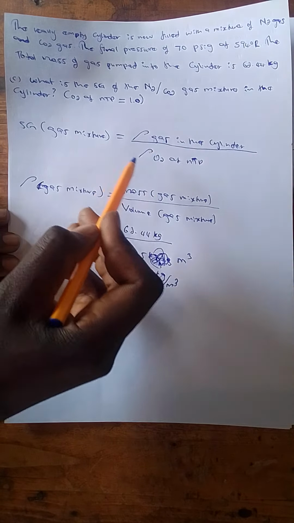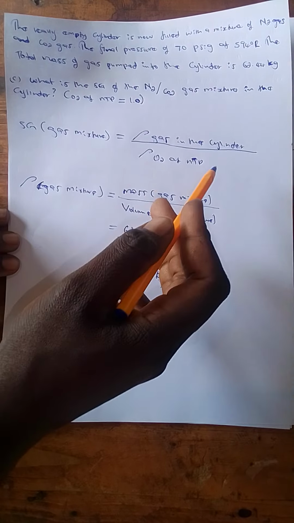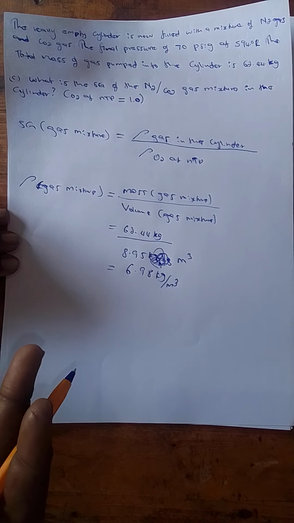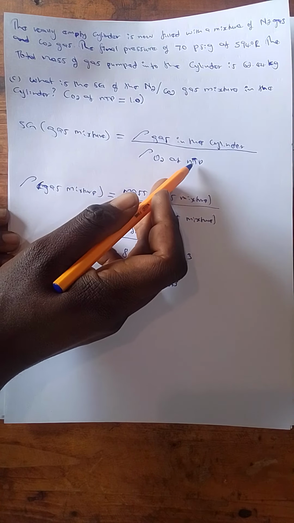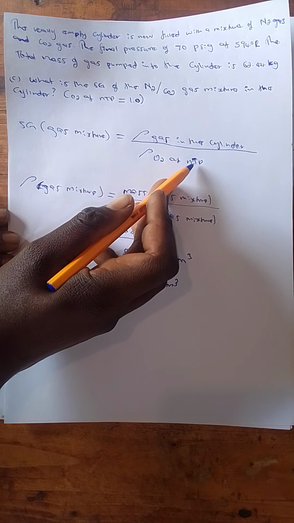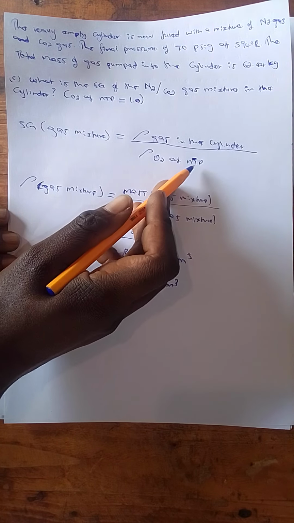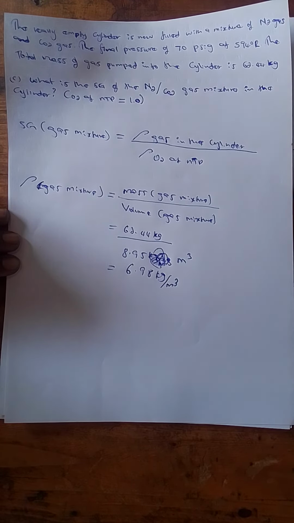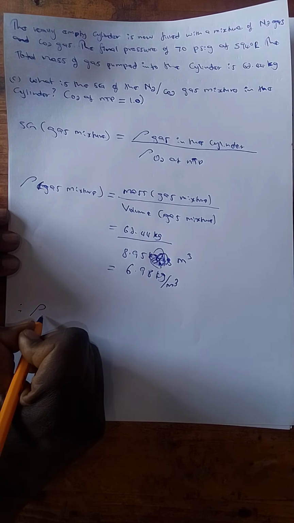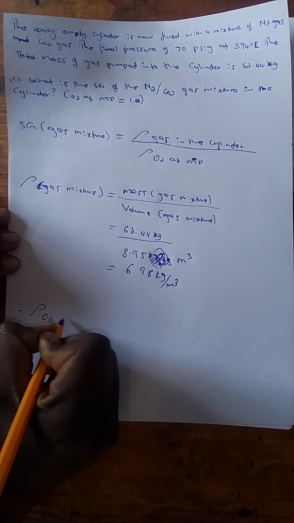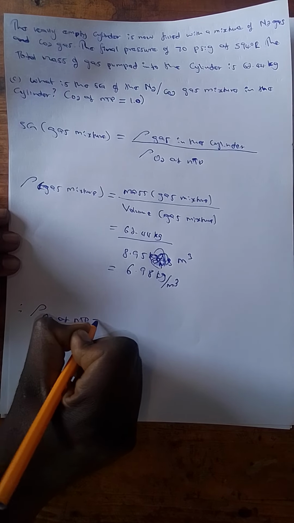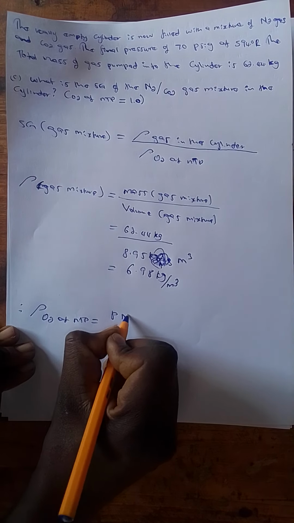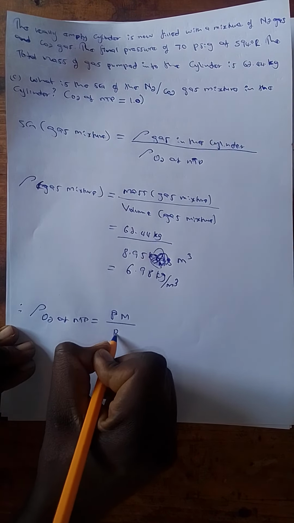Now, the second one, we are going to calculate the density of O2 at NTP. It's very easy to understand that at NTP, the temperature is 273.15 Kelvin, and the pressure is 101.325 kilopascals, because NTP is basically the normal temperature and pressure. Therefore the density, rho, of O2 at NTP is equal to PM over RT.